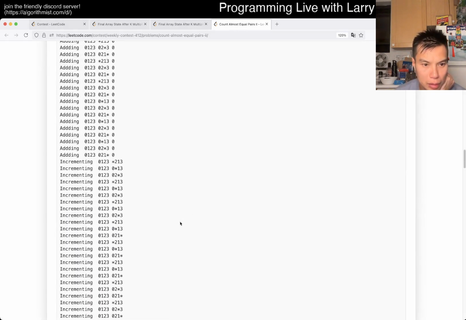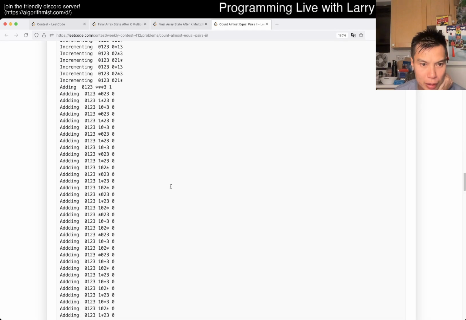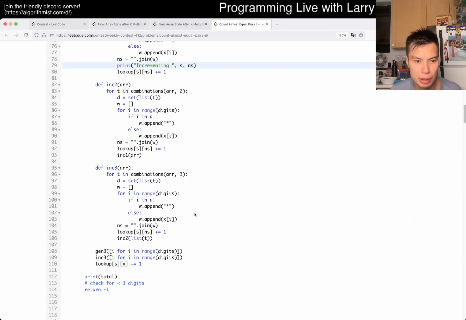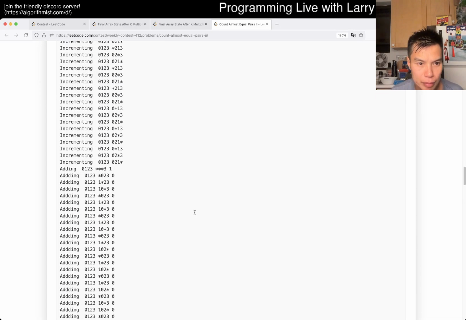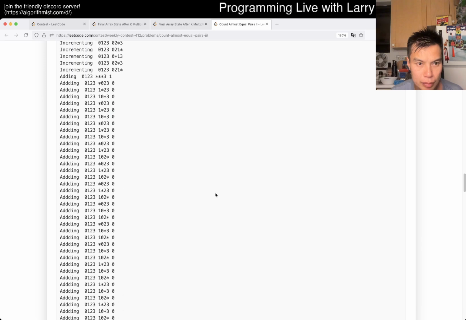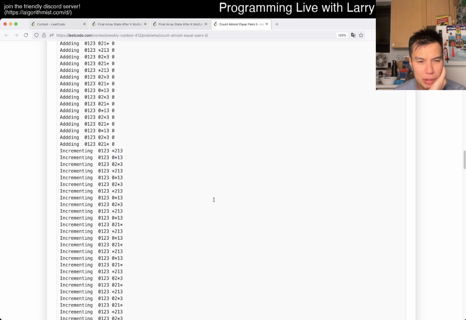What's this going to be? Oh, it's doing all the adding and then it's incrementing. No, that's fine. That's right. That's awkward. That is incrementing the same thing multiple times. Actually.